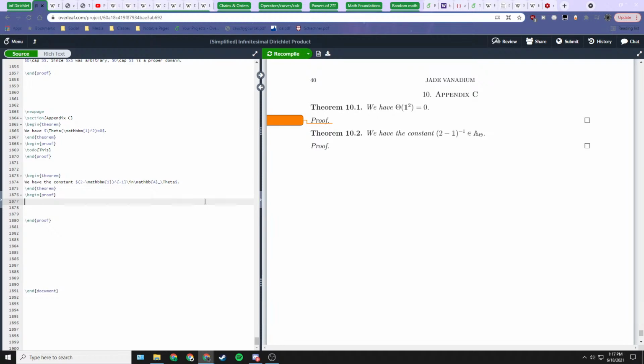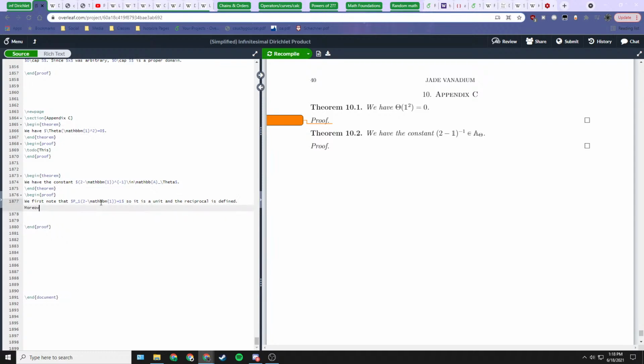Okay, so let's see. So we'll do this. Actually my proof on this is already pretty solid, but okay, we first note that P1 of 2 minus this bold 1 equals 1, so it is a unit and the reciprocal is defined.